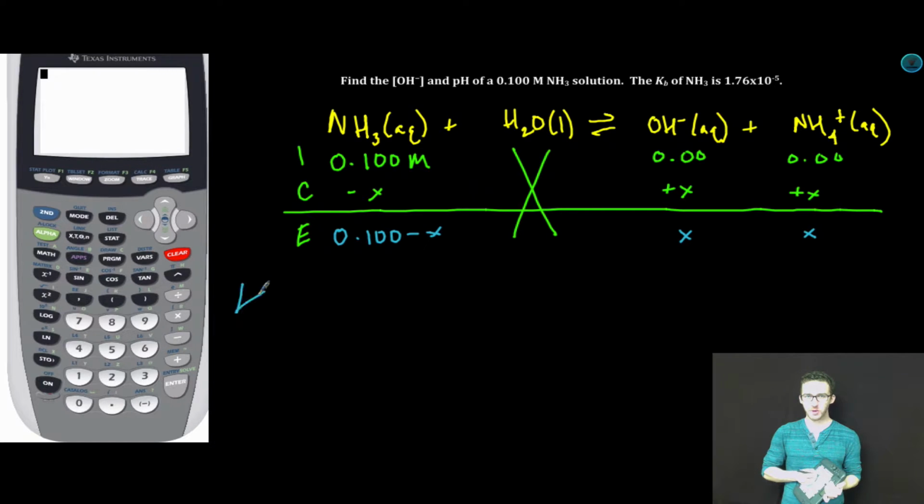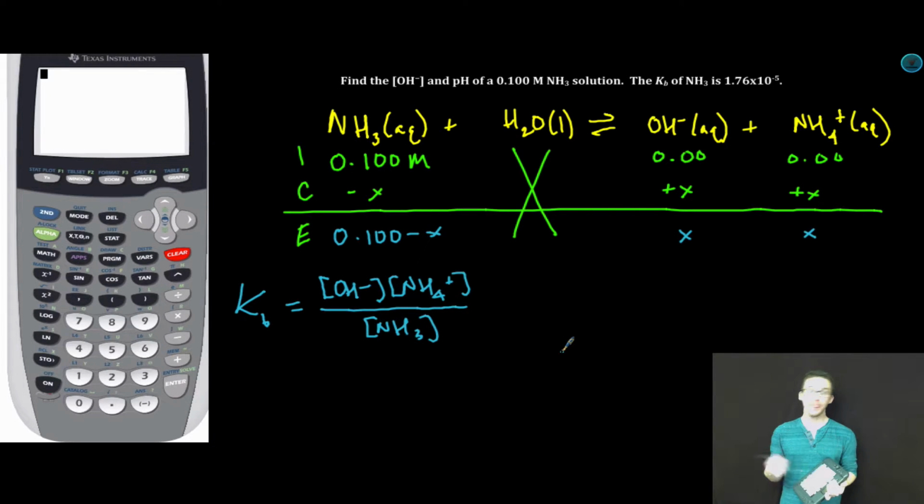Our Kb expression, always write it in terms of the species in your equation first. And then plug in the equilibrium concentrations that you came up with in your ice table. We know the value of Kb is 1.76 times 10 to the minus 5.